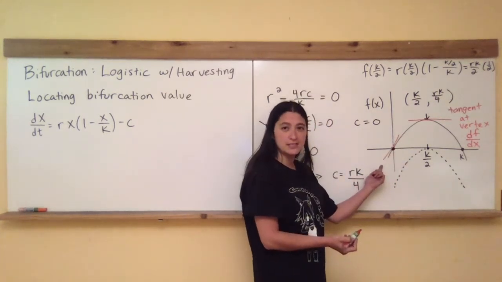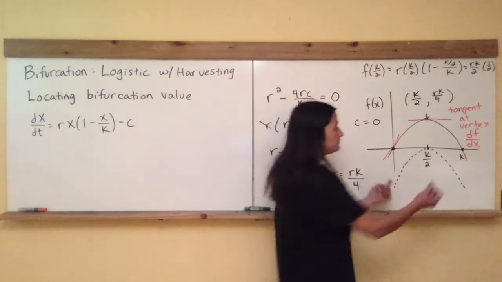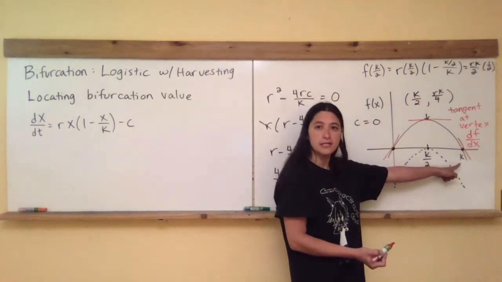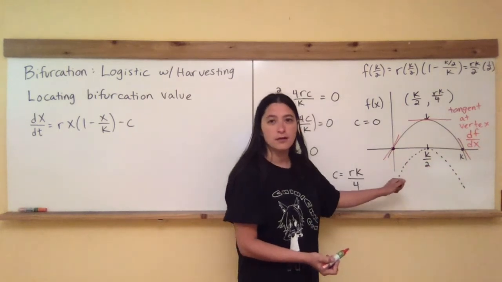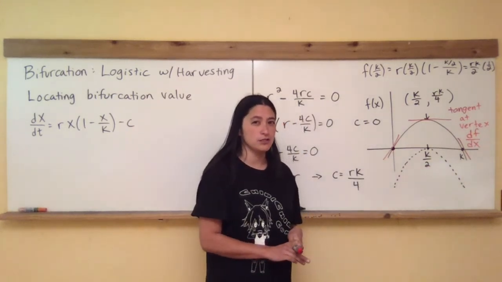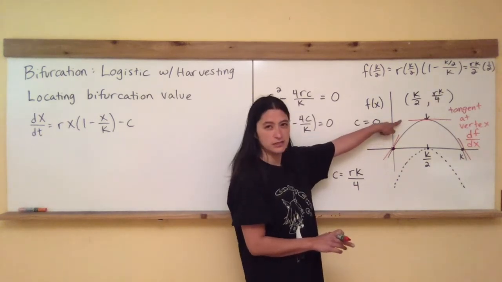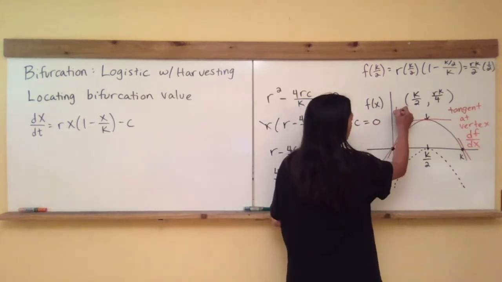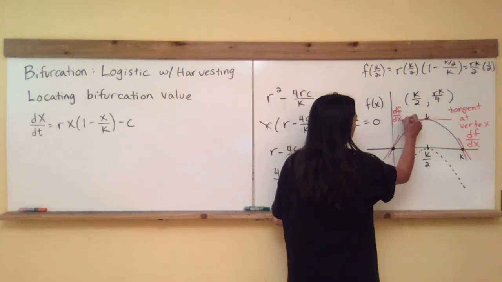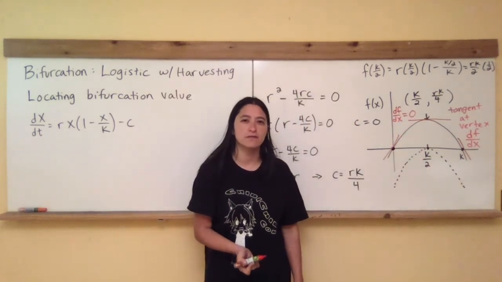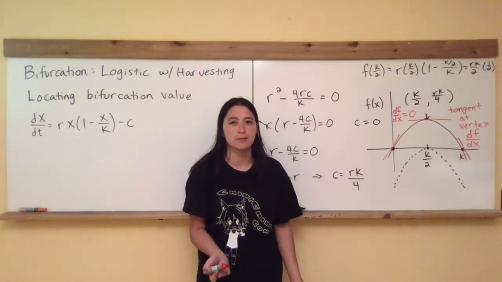That's what told me that this is an unstable equilibrium. df dx is negatively valued over here, so that's a stable equilibrium. Now before, when I talked about linear stability theory, I said a place where df dx is equal to 0, like right here, is a place where linear stability theory would fail to conclude stable or unstable.